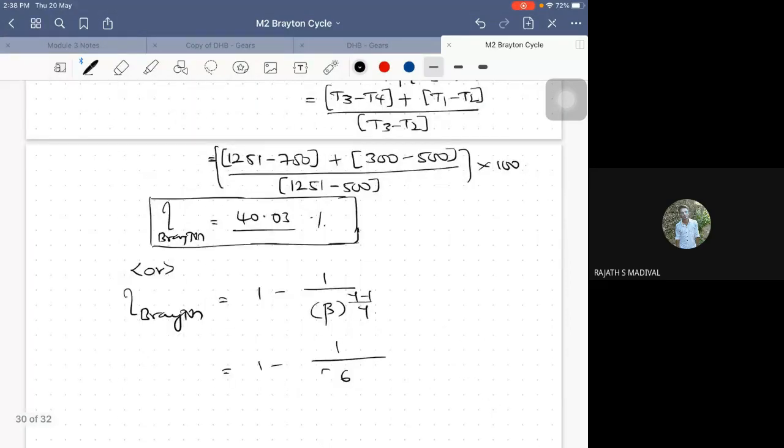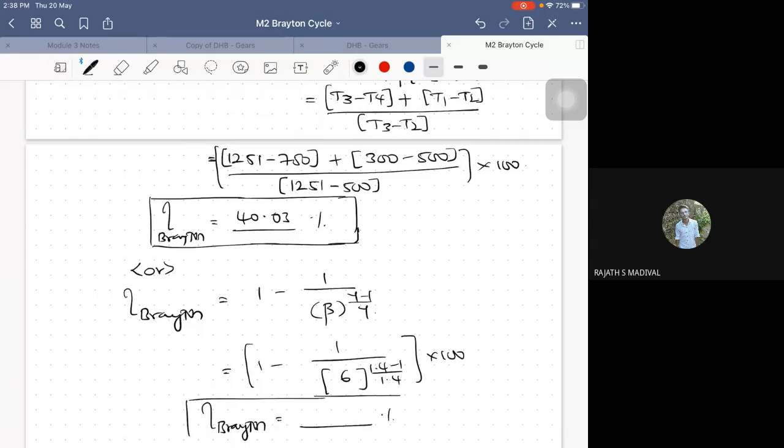So 6 whole to the power of 1.4 minus 1 divided by 1.4. If you multiply this whole thing by 100, you will get efficiency of Brayton cycle in percentage. Just check whether it is the same value or not. If you get the same value, then a high five for you. 40.06, sir. In and around, it is the same value. If you get the same value, just raise your hands.